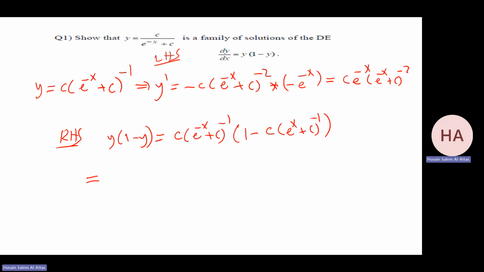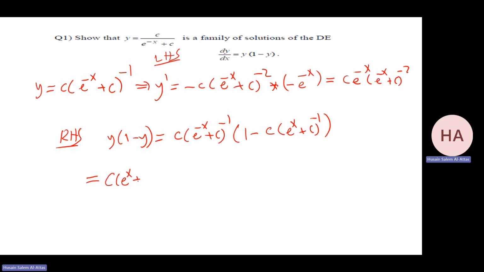Y prime, c, this to the power minus 1. Y prime will be minus c e to the power minus x plus c to the power minus 2 times this. Let me continue, see what will happen. I have what here? Do the calculation.